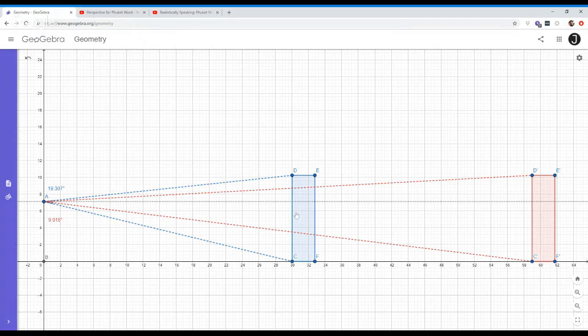The first thing we'll notice is that the angular size of this closer object is, according to this model, 19.307 degrees. The values I measured with my theodolite were about 18.7 to 18.8 degrees. And I'll explain why there's a discrepancy there in a moment. This further one, the angular size in this model is 9.918 degrees, which is almost exactly what I measured with the theodolite, between 9.9 and 10 degrees.